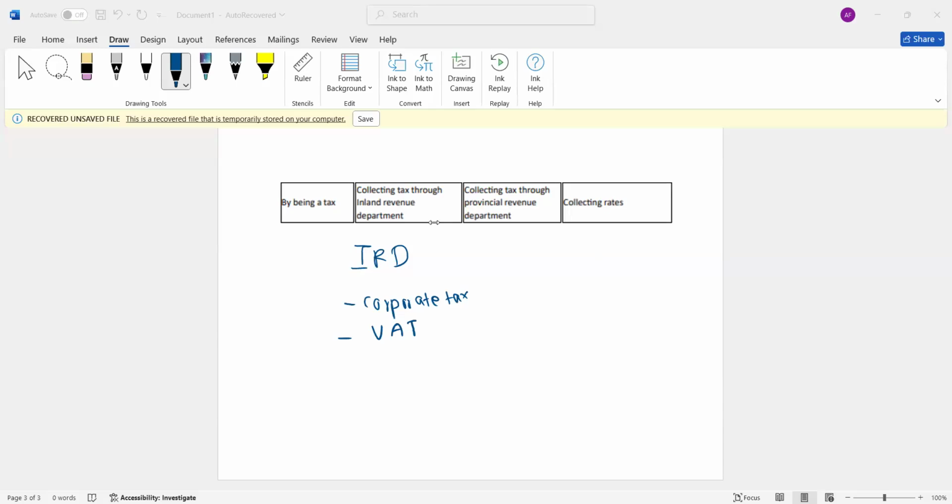Western Provincial. Okay, no problem. That's a new thing. Anyways, we can write Western Provincial Revenue Department. So they collect taxes in the Western province, right?